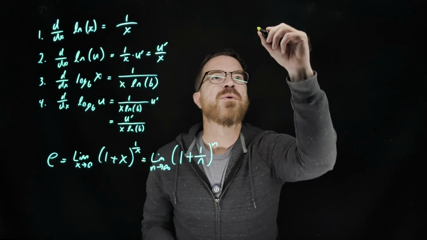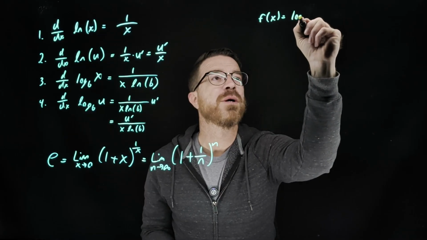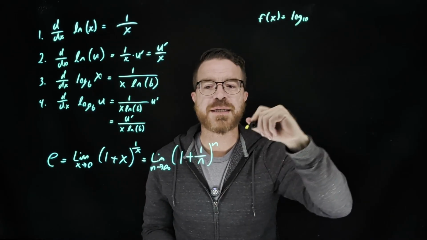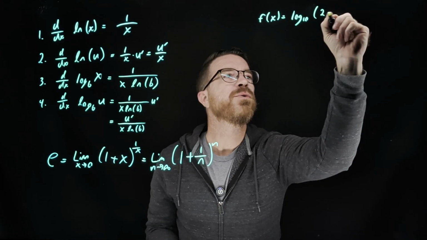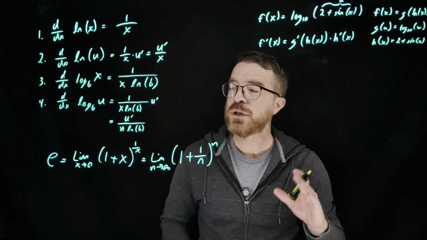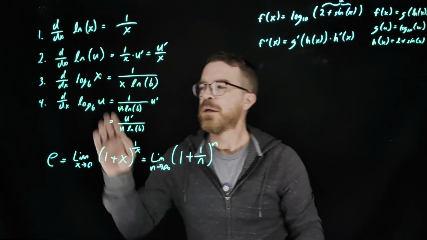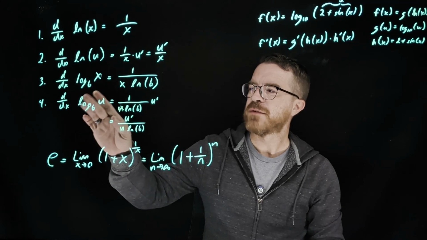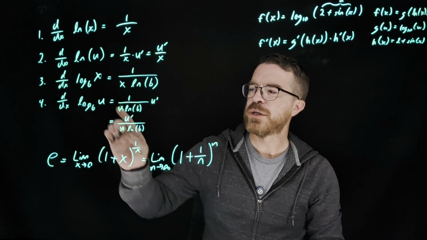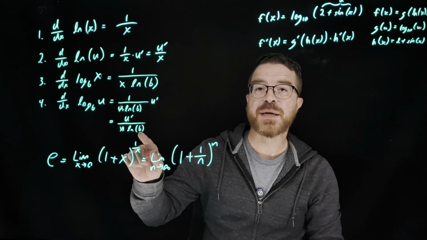For our next example, we have the function f of x is equal to log base 10 of 2 plus sine of x. Looking at our rule over here, the derivative d dx of log base b of u is going to be u prime over u times natural log of our base b.